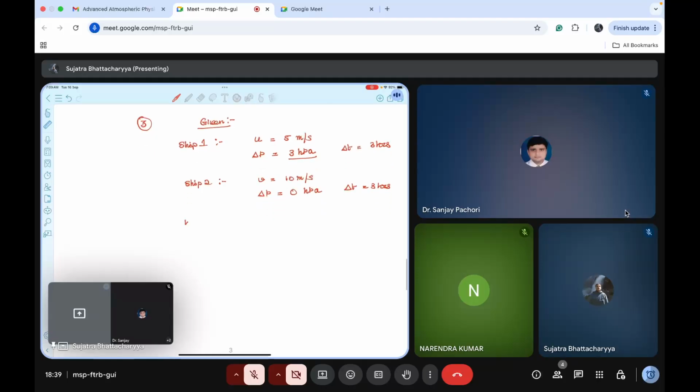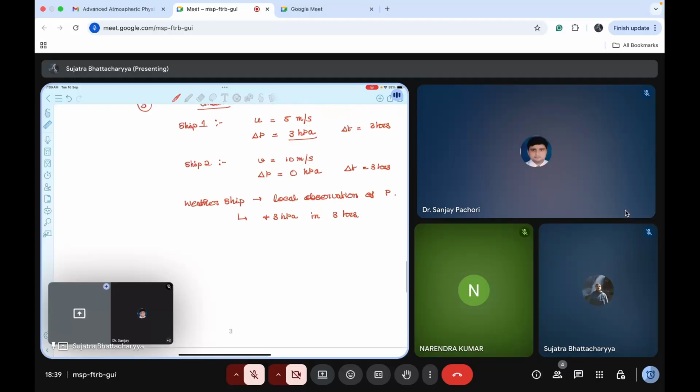And there is another ship, the weather ship, which gives you the local observation of pressure, P being the pressure. What it has observed is that the pressure rose 3 hectopascals in 3 hours.